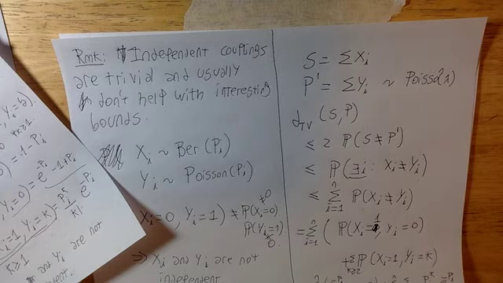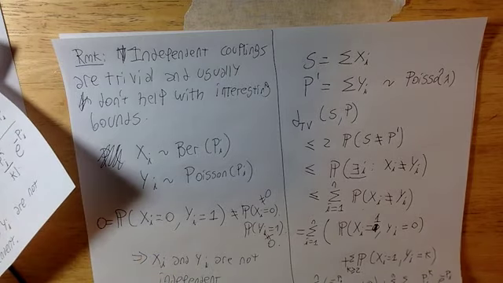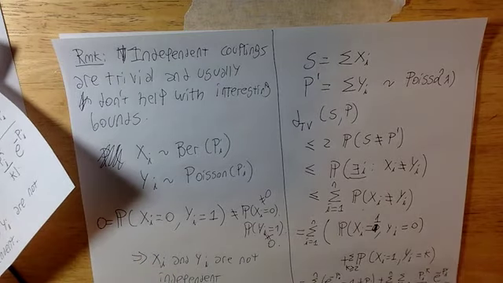Now we have a cancellation by summing these things up, you get e to the pi.